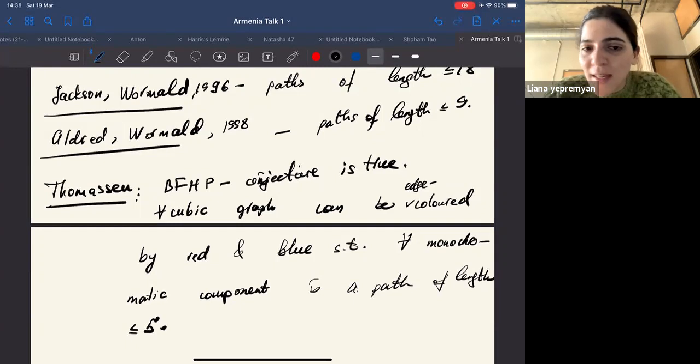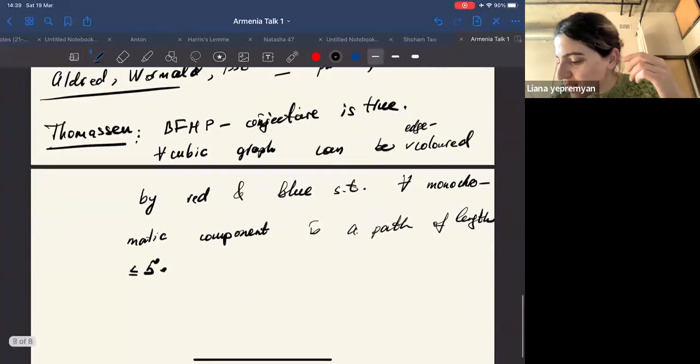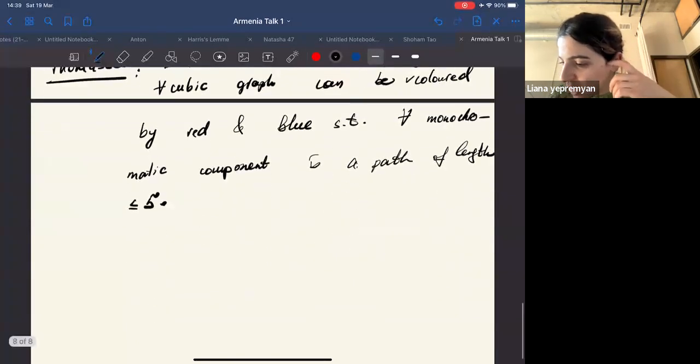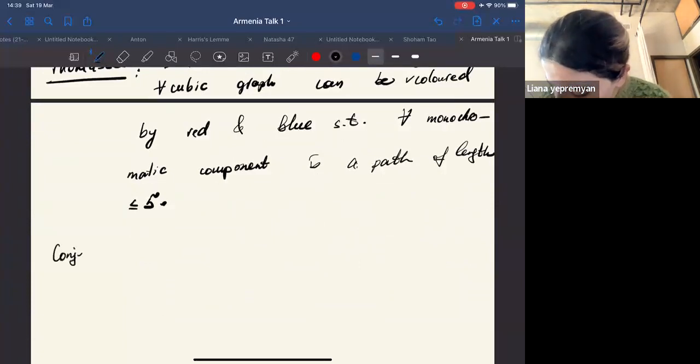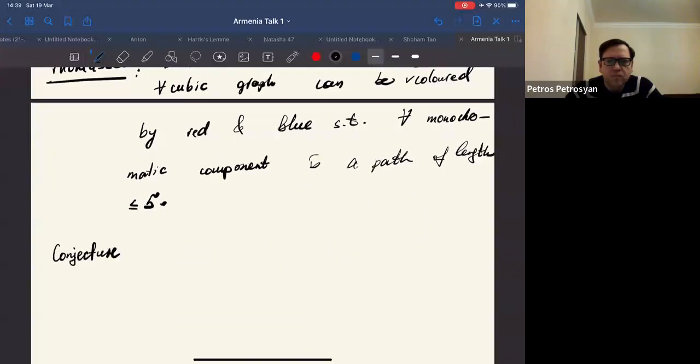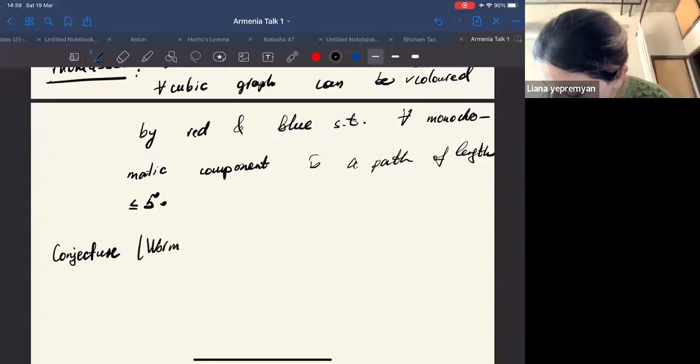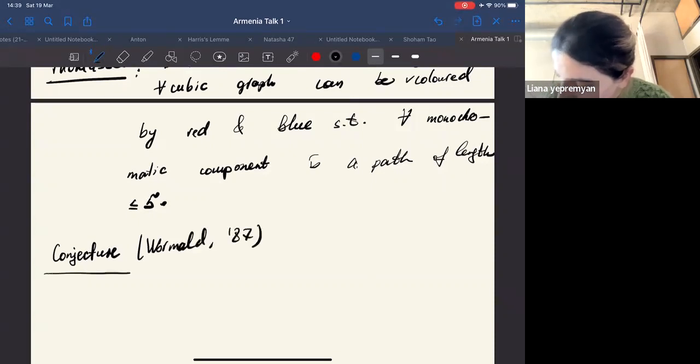Now, that problem is solved, but there is a different problem, which was open when we started looking at it. And this is a conjecture by Wormald, and I think he made it in the 80s.